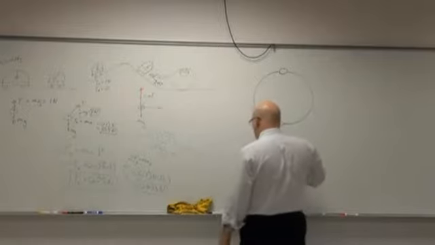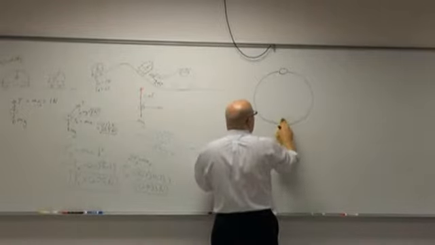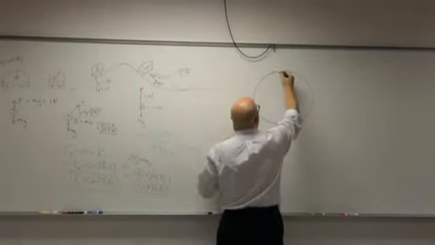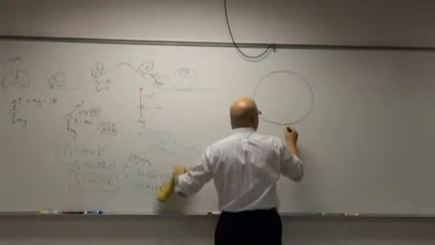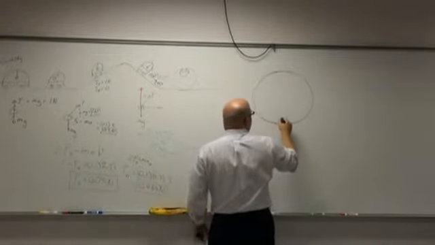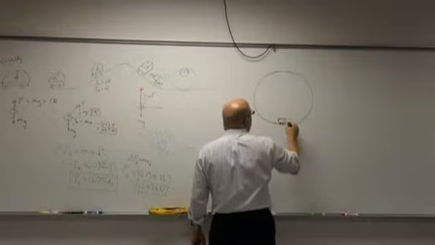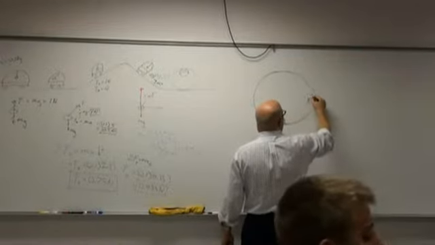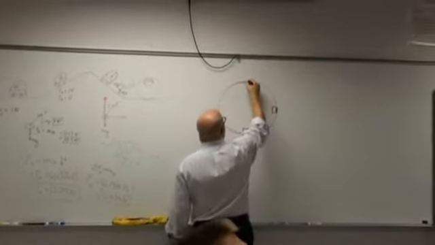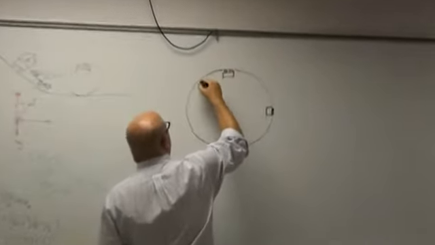Okay. So let's talk about a roller coaster and talk about the differences first off, okay? So let's say here's my roller coaster car down here, and then it's over here, and then it's up here, and then it's over here.